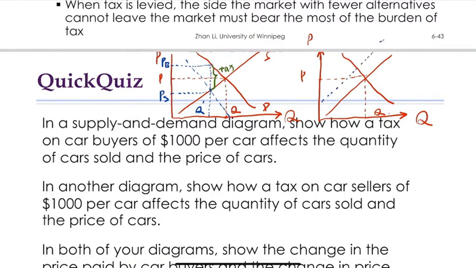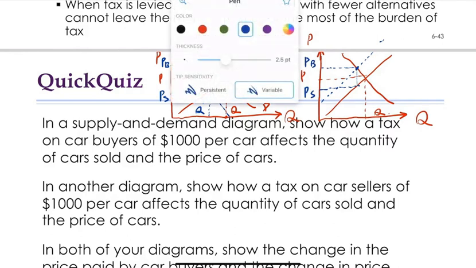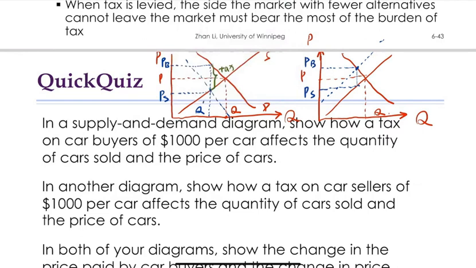So in this case, you can see that again, we will have a wedge generated by the tax, and then we will have two prices. So PS, which is the price received by sellers, and PB, the price paid by buyers. And again, this wedge is the amount of tax, right?